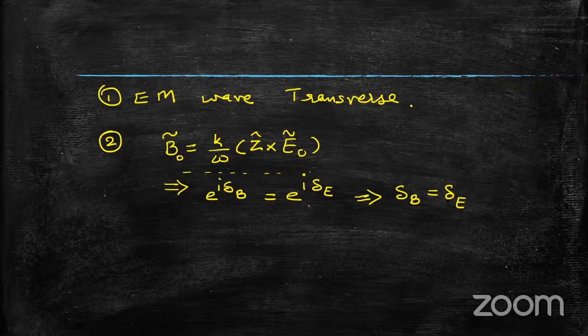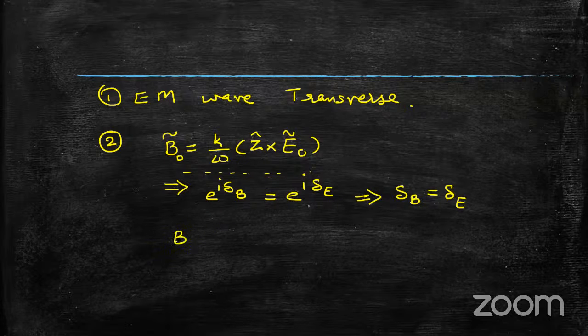The phase difference between E and B fields is basically 0, because delta B and delta E are the phases of the B field and E field. Right? Similarly, we got one more thing.